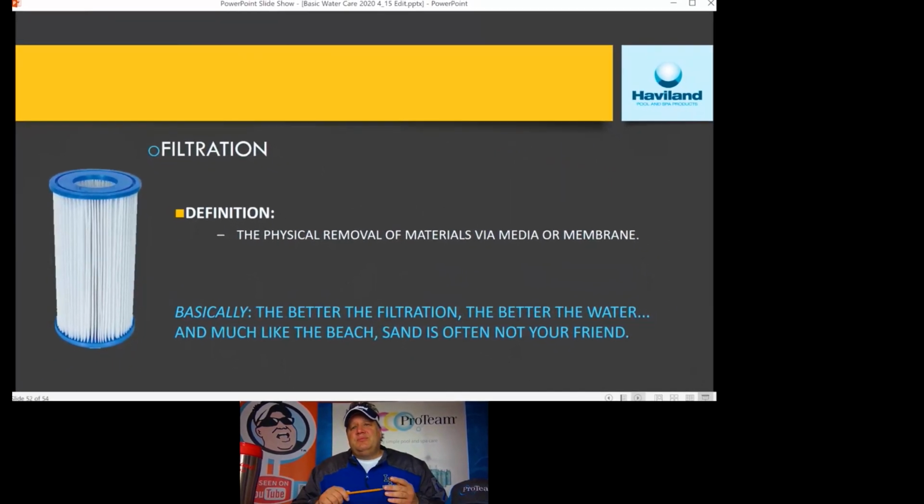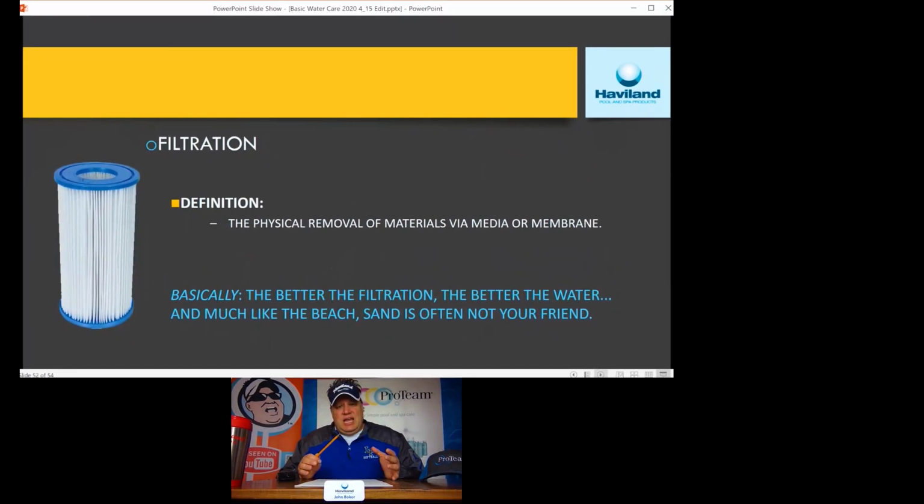They're introducing some new media for sand tanks now, like glass. If you still have sand in your tank, you may need a little help. They make additives to help tighten up those sand beds so that you can pull out finer particulate. And let the thing run.